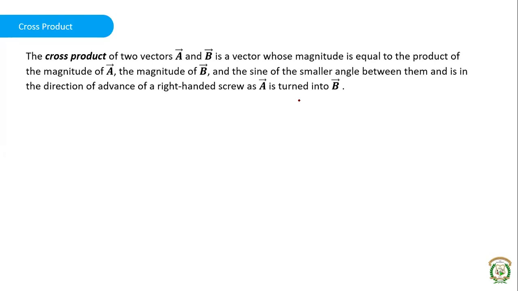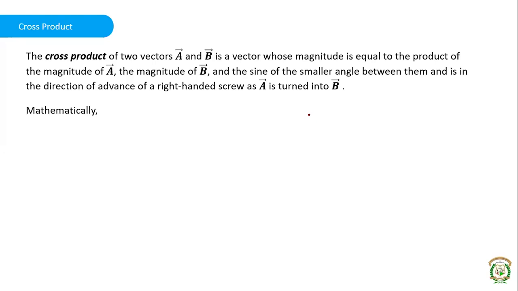Just like when you consider a three coordinate system, taking x and y, what is the direction of z? We took the example of a right-handed screw and determined the direction of z. Similarly, to find the direction of the cross product of two vectors, you can use the right-handed screw principle.